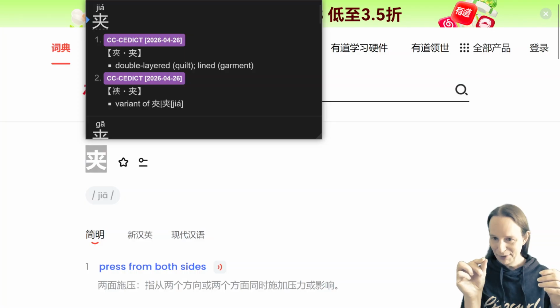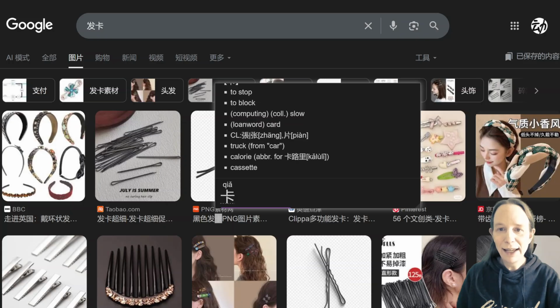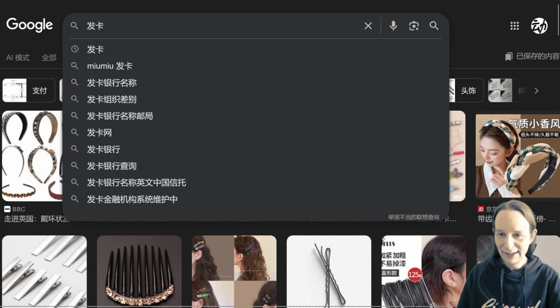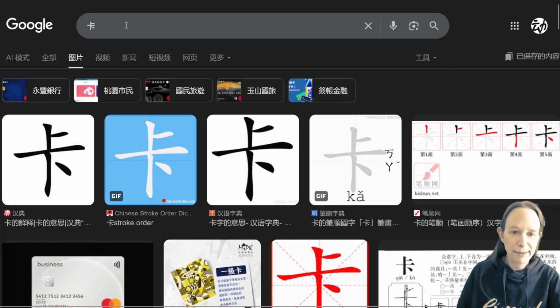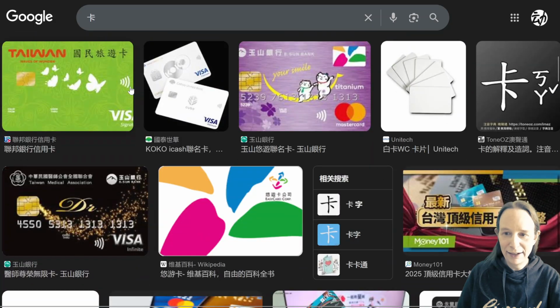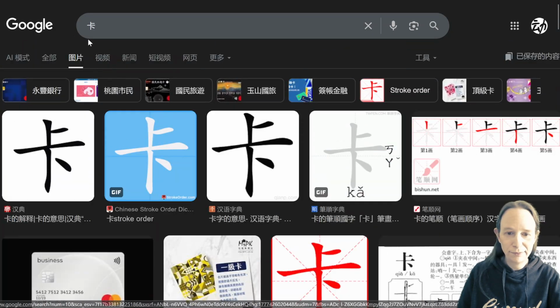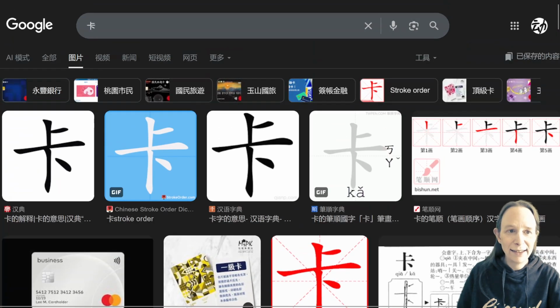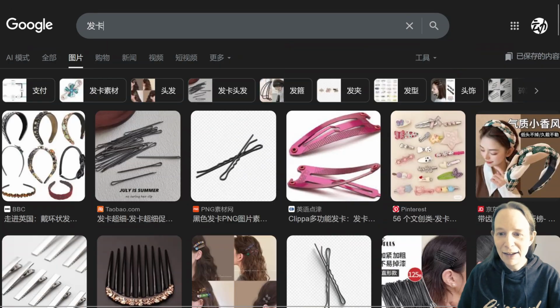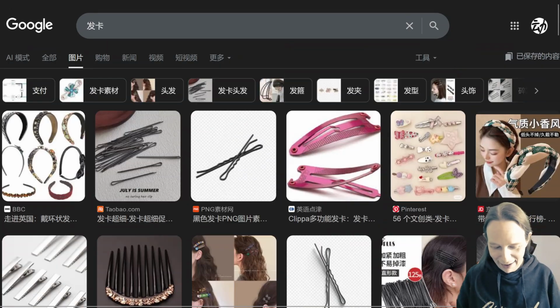So like a clip. Yeah, so 发卡. What other chas are there? Hair clip. I don't know. Like binders or something? Cha. That didn't help. Yeah, this is cards. Fa cha. Probably other chas, but I don't care enough to go into that.